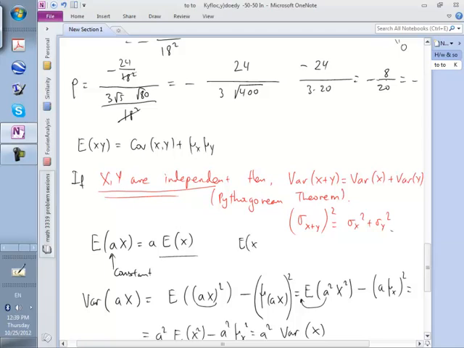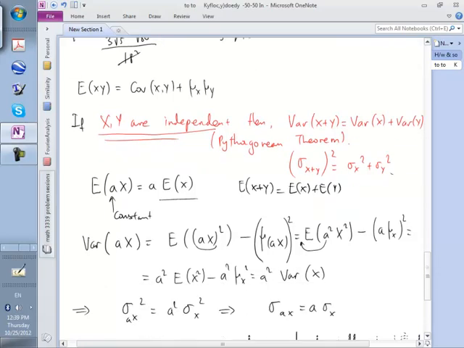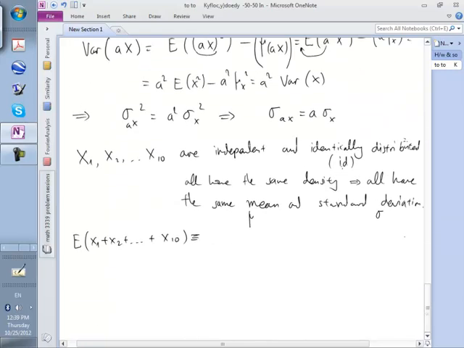Let's translate that to this particular example. This will be the expected value of the first random variable plus the expected value of the second, up to the expected value of the 10th. But all of them have the same mean, mu. So it will be summing mu 10 times. So that will be 10 times mu. Okay?